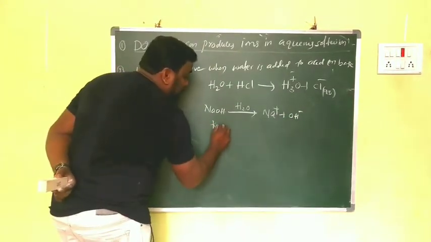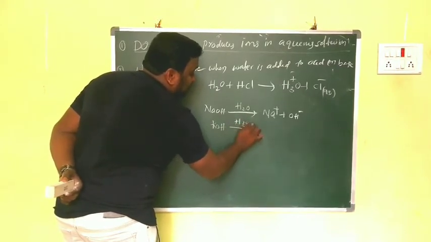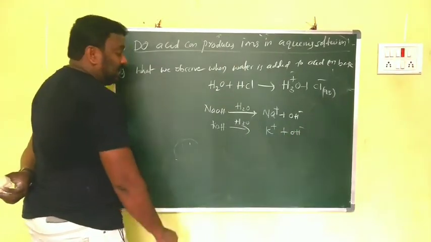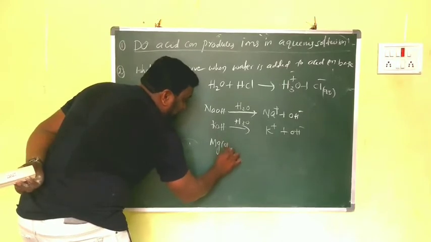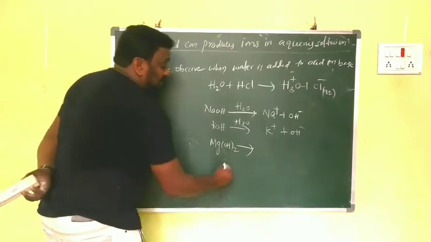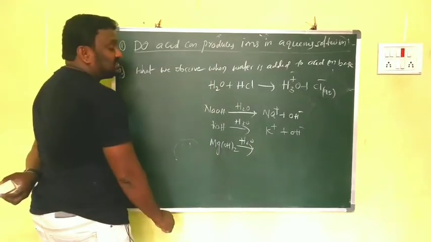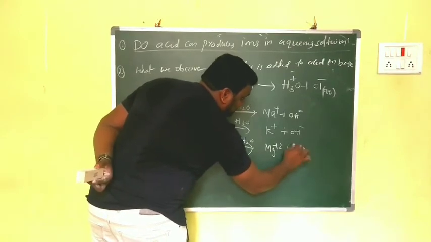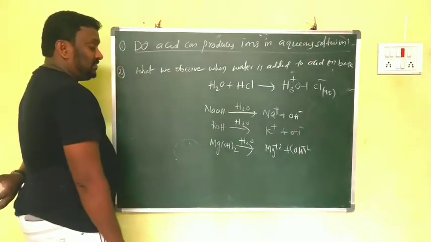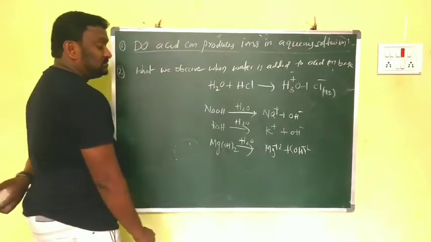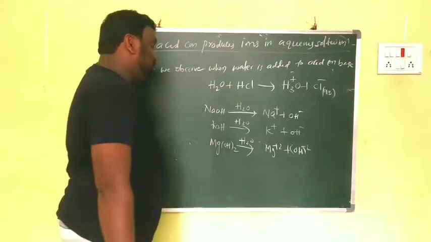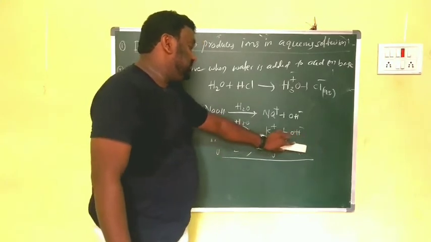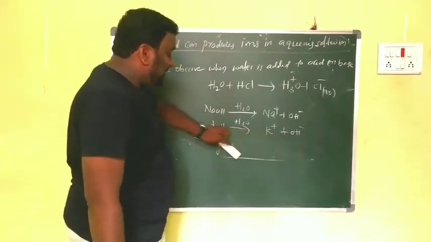If you take potassium hydroxide, again in the presence of water it splits into K+ and OH-. And we also have magnesium hydroxide, which in the presence of water splits into Mg2+ and 2 OH-, the OH- being taken twice. So in this way we write different examples.